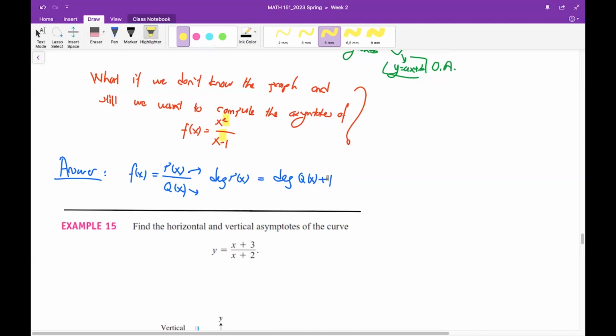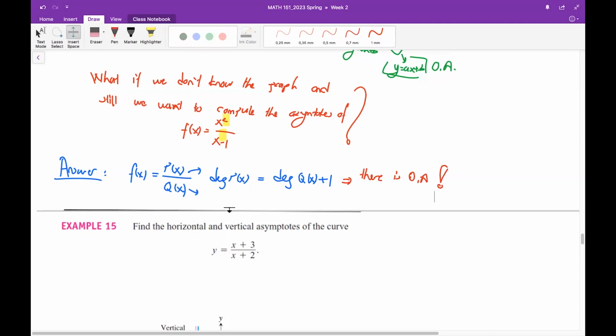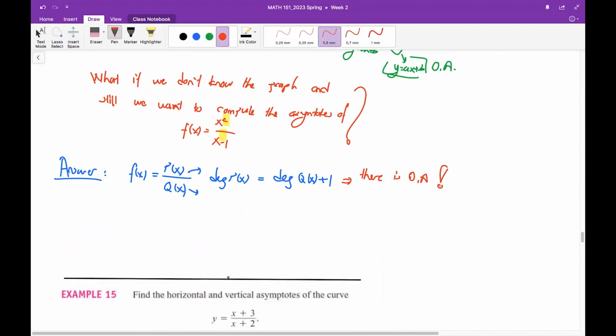Degree of numerator is 1 more than the degree of the denominator, then there is an oblique asymptote. This is the very quick way of detecting if there is an oblique asymptote or not without looking at the graph.